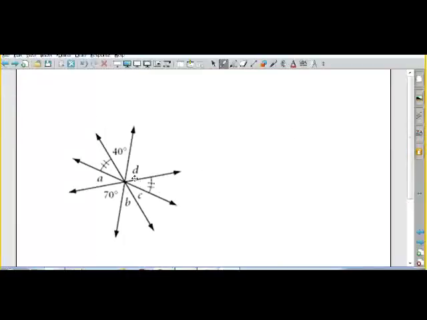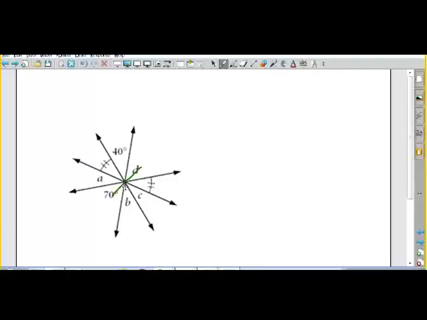Okay. The third one. These two are equal to each other. When you have all these lines intersecting, even though it's more than two lines, you should be able to see that there are angles that are opposite each other. So I'm going to show you which ones are opposite, and hopefully you can see this.